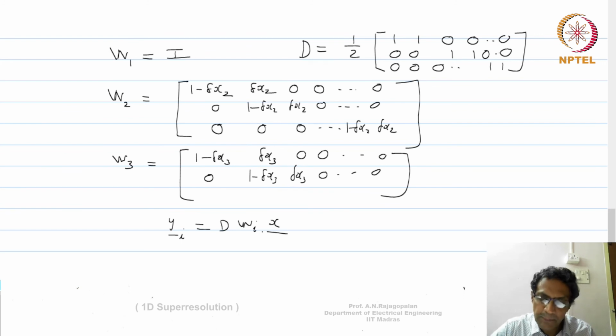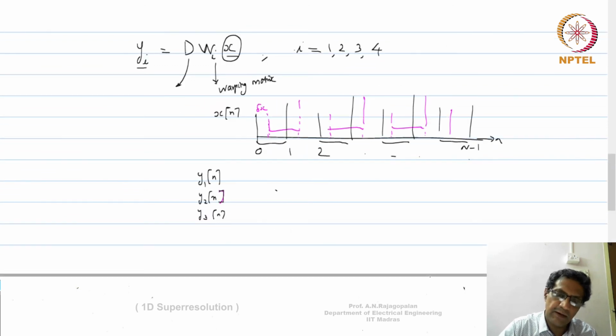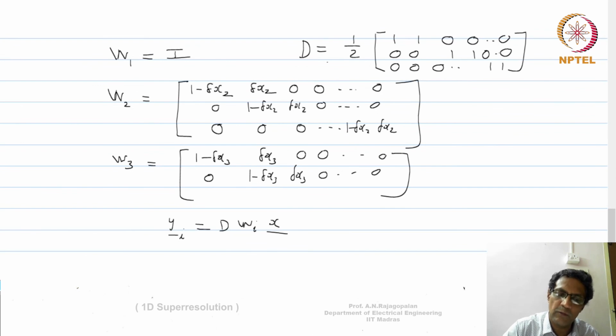You are going to warp x by the warping matrix, which means that you get these in-between values, and those will have to be averaged and downsampled, which is what D will do. For example, when this acts on the warped x, it is going to average the first two values.